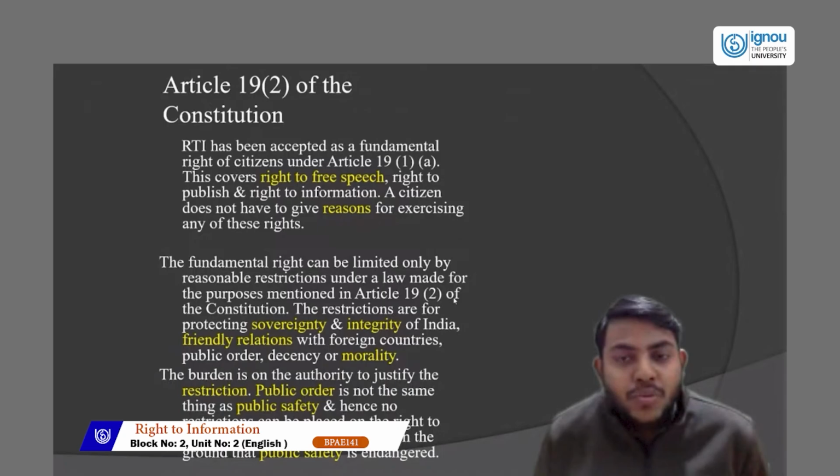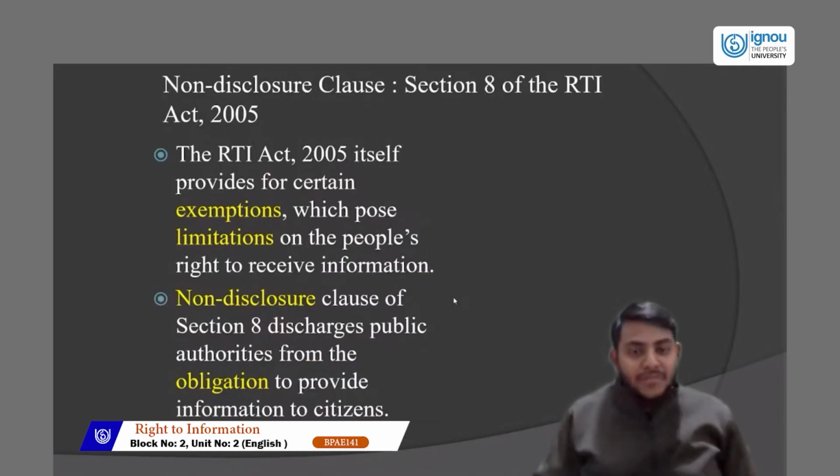Now there is a non-disclosure clause as well in the RTI Act, which is Section 8 of the RTI Act of 2005. And this RTI Act of 2005 itself provides for certain exemptions as well, which impose certain limitations on the people's right to receive information.